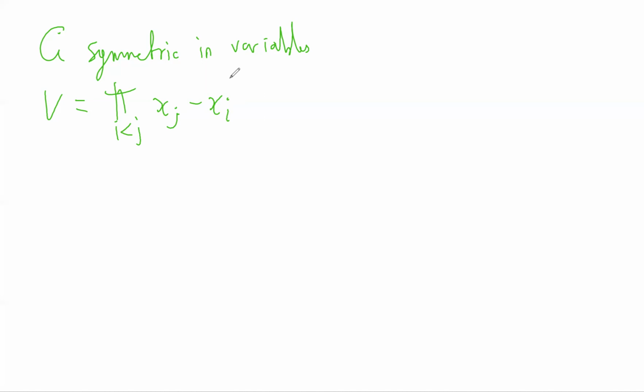So then let F equal G times V. So you clear out the denominator. So F is a polynomial.